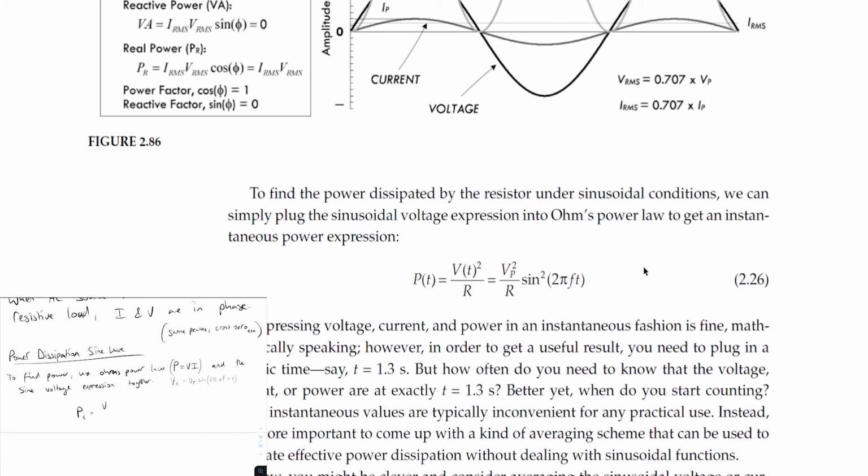So power over time is equal to voltage. Let me add an extra step: power is equal to voltage times current, right? And that's equal to voltage times V divided by R. That's equal to V squared divided by R. That's equal to replacing in this.